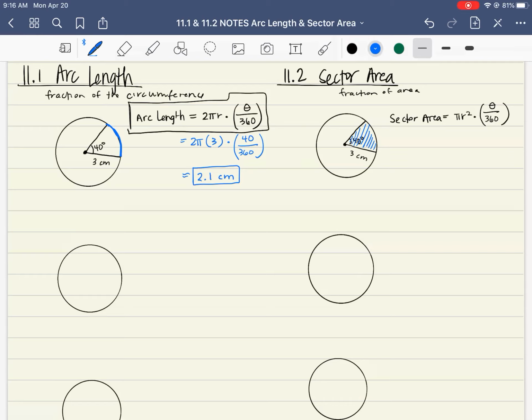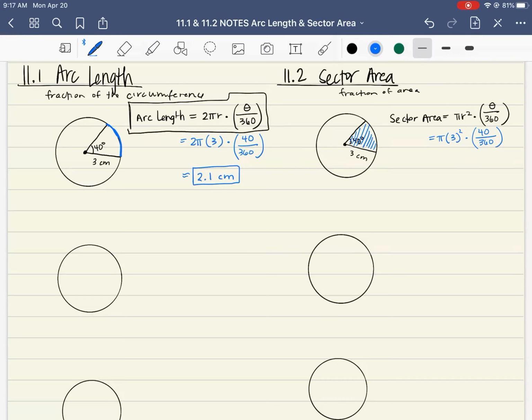So in this case, the sector area is equal to pi r squared. The radius is 3, and make sure that you're using the radius there. And then we'd multiply that by 40 over 360. So we're just calculating that there. You're going to put that into your calculator and round your answer.